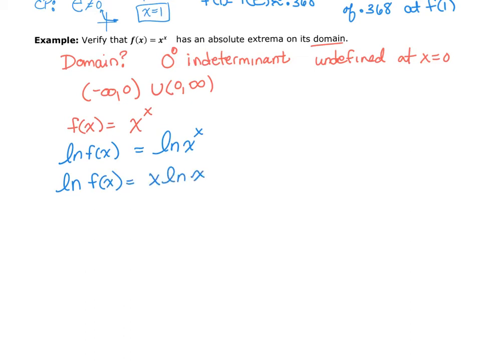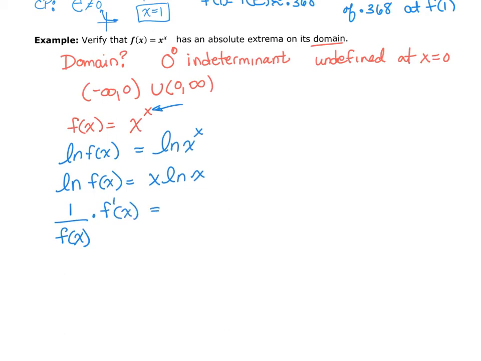So I'm using natural logs to allow me to bring this exponent down onto a level that I can deal with. So now when I take the derivative, the natural log of f of x is 1 over f of x times f prime of x.